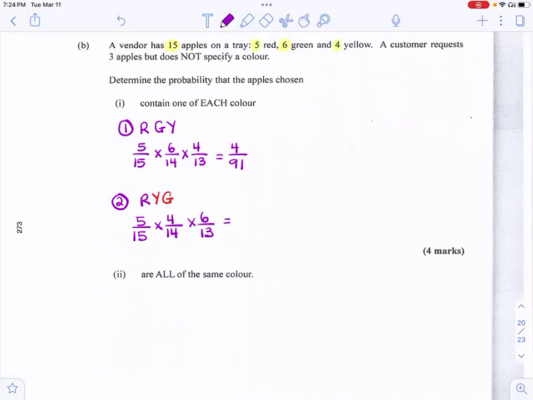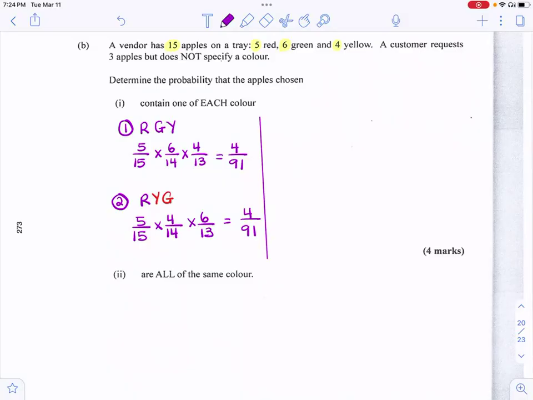Work that out. Did you all get 4 over 91 as well? Right? So that is 2 combinations.